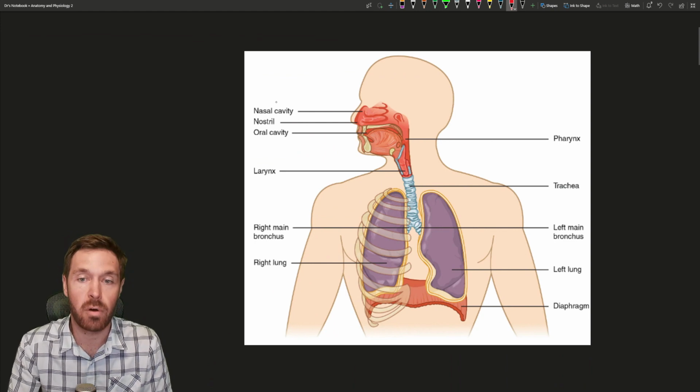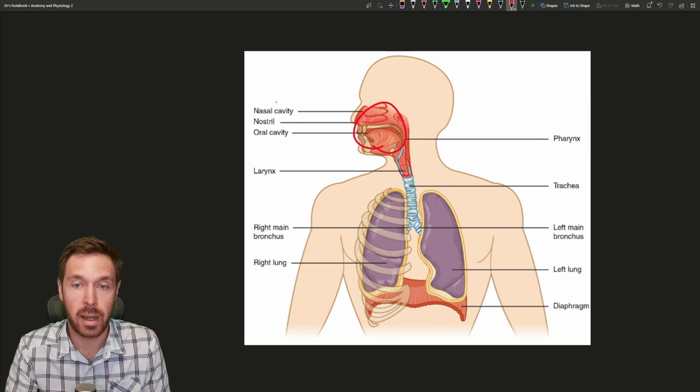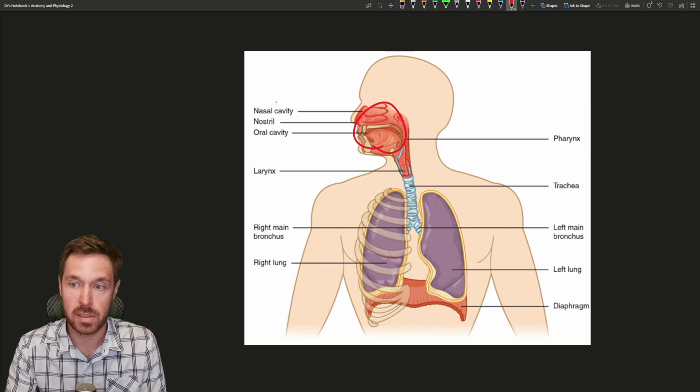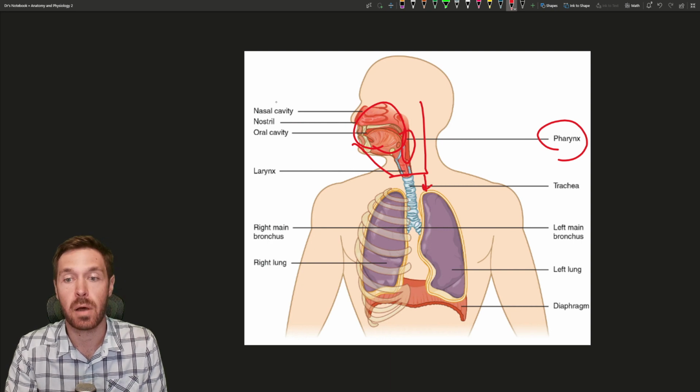Here's the general overview. Of course, you breathe in. You have your nasal cavity and oral cavity up here that all passes through what's known as the pharynx, which is the area in the back. From here on up, this is known as the upper respiratory tract, and then from here down, that's the lower respiratory tract. So we kind of break it up.